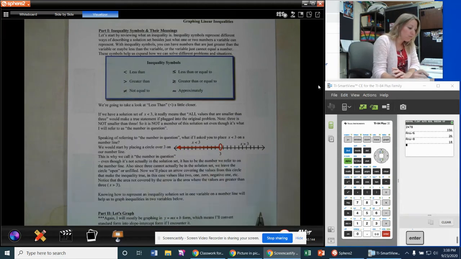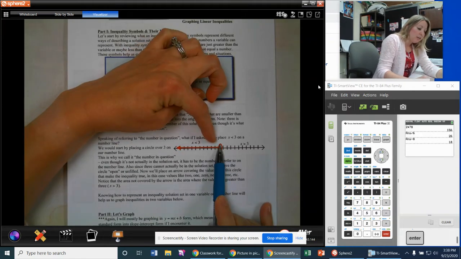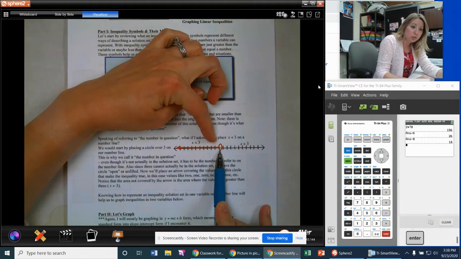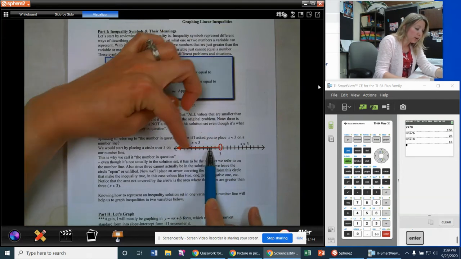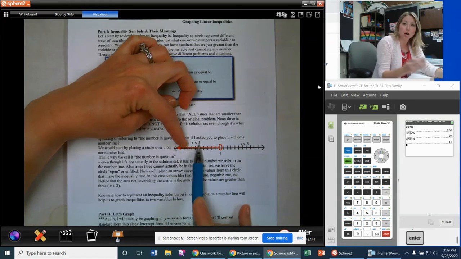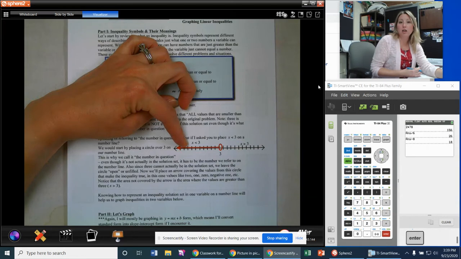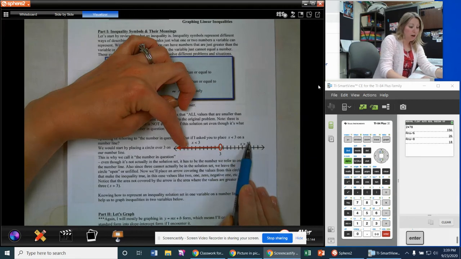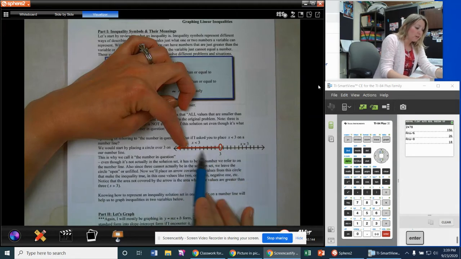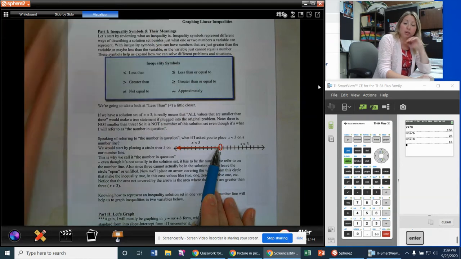So on this number line for this solution set, 3 is my number in question, and my arrow starts with an open circle over 3, and my arrow is covering the parts of my number line where it's all smaller than 3. The part that doesn't have anything covering it is the part where x is greater than 3. None of this is covered by a line and arrow.